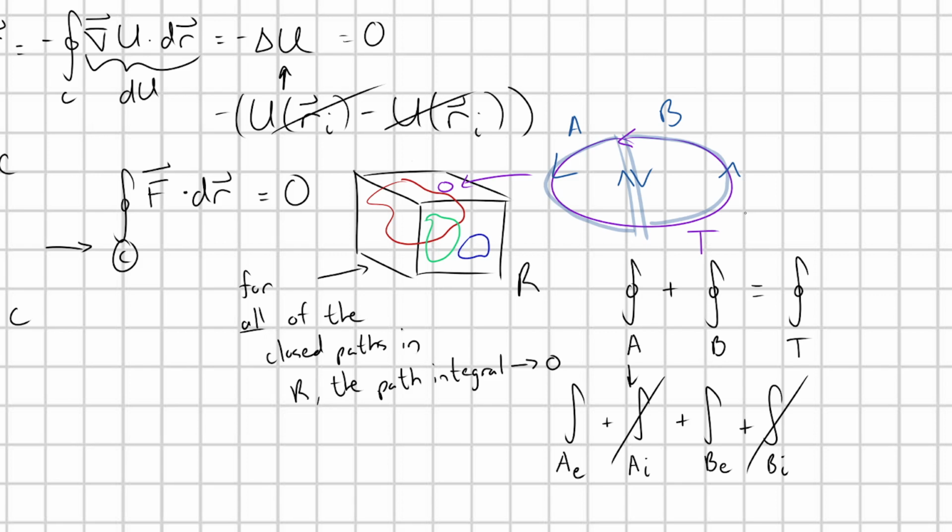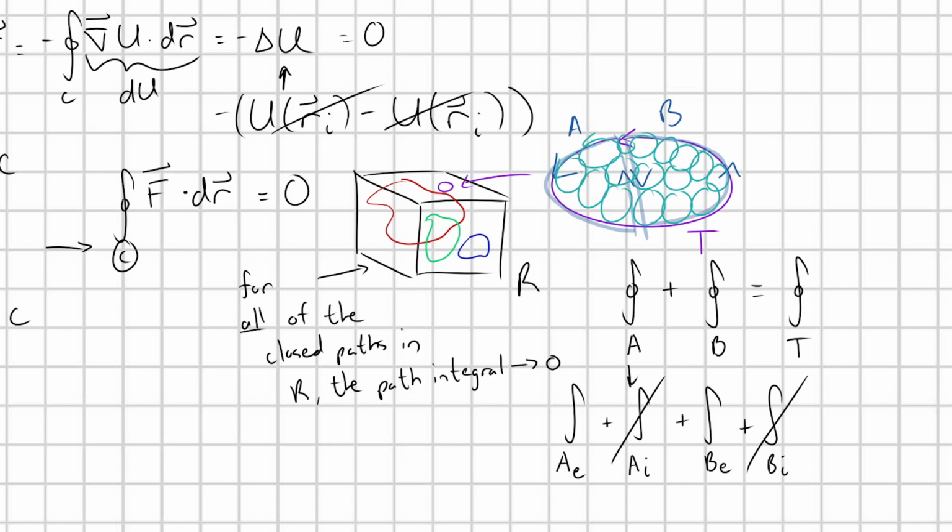Now, as soon as you see this for 2 paths, and I'm not going to show this for 3, 4, 5, 6 paths, you can imagine in your mind that we can subdivide basically any closed loop into lots and lots of little closed paths.